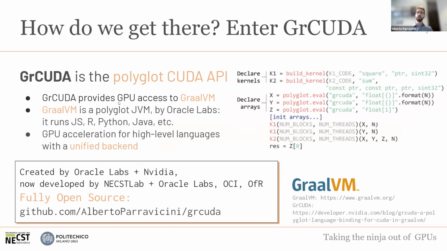And basically, GrCUDA can provide GPU features to all of them. And it does so through a single backend, so that we have exactly the same API and features in each language.